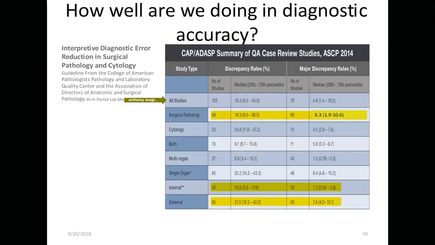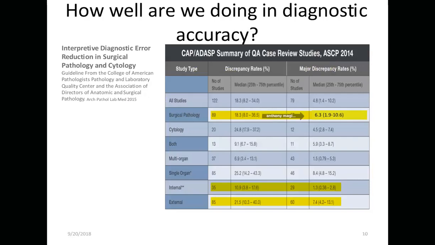Within these different studies, in surgical pathology, there were 89 studies. In cytology, there were 20 studies, and 13 studies covered both. In these studies, there is a look at what is the discrepancy rate and what is the major discrepancy rate. And we saw across all studies that the discrepancy rate had a median of 18%, with a major discrepancy rate of 4.8%.